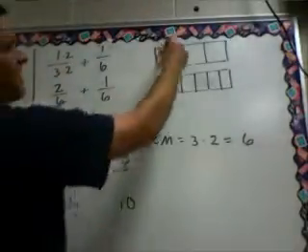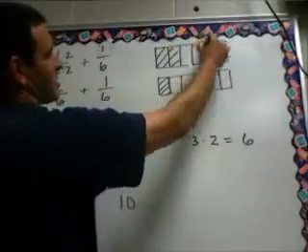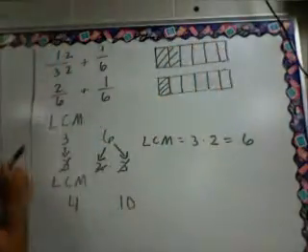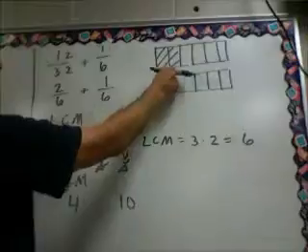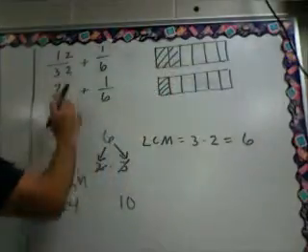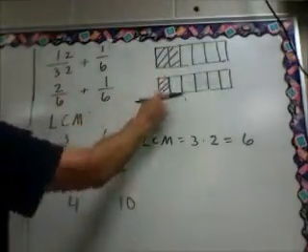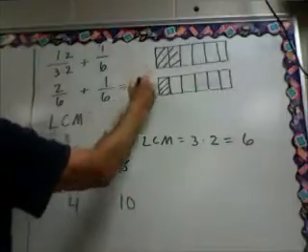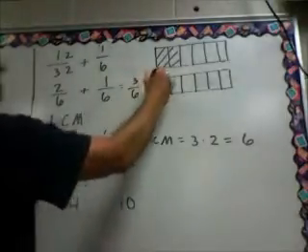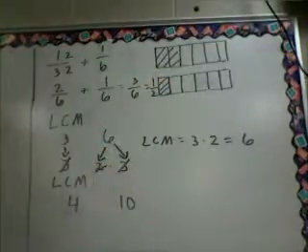And now what I've done is taken both rectangles and divided them into an equal amount of pieces. The size is the same, so now I can add them. I've got 2 pieces plus 1 piece, they're the same size, so that adds to 3 pieces, and of course that reduces, in this case, to 1/2.